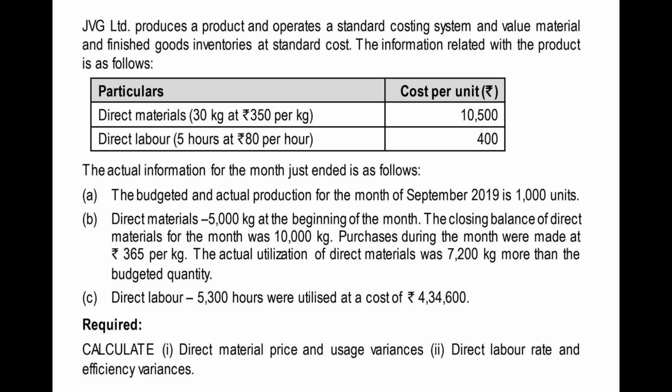During the period, we are purchasing raw material at the rate of 365 per kg. This 365 should be considered the actual rate against the standard rate of 350 per kg. The direct material of 7200 kgs was utilized more than the budgeted quantity. For example, if the budgeted quantity is 10,000 kgs, the actual utilization is 17,200 kgs.